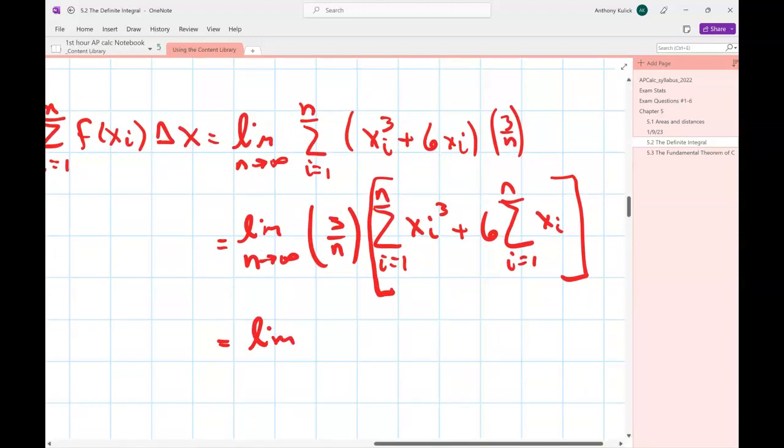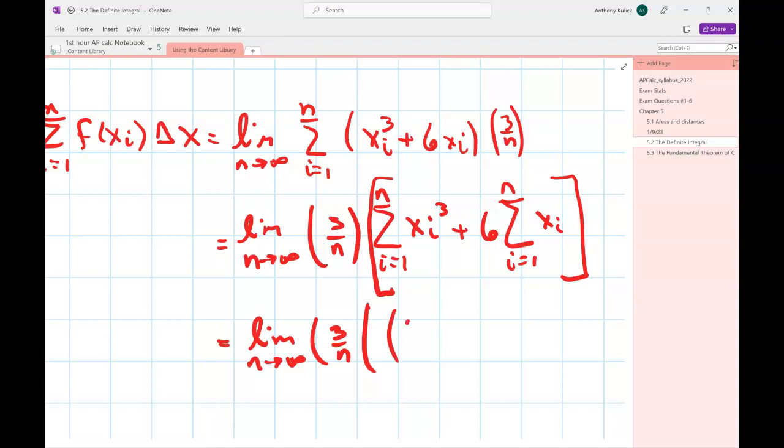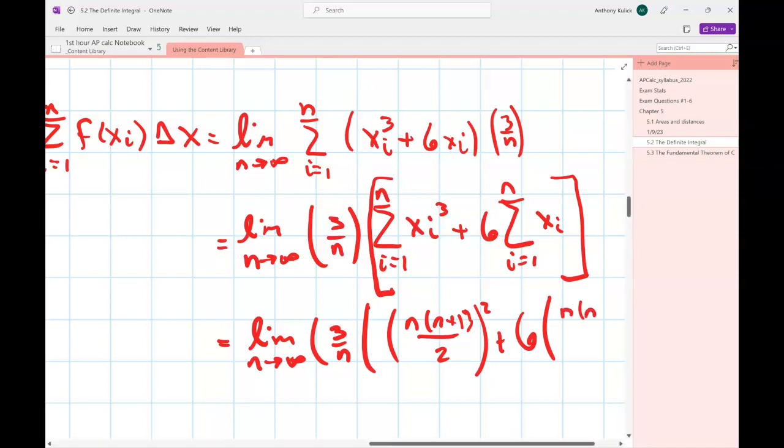Then I'm going to go to my summation formulas. And I know that the sum of cubes was n times n plus 1 over 2 squared. And my sum of xi is n times n plus 1 over 2.